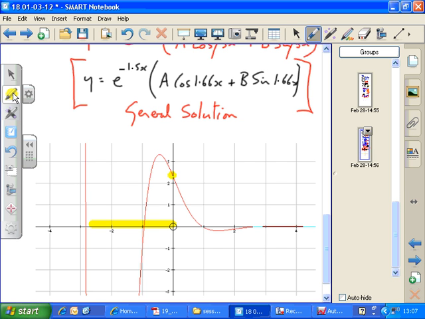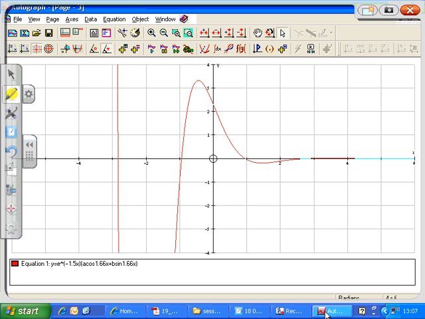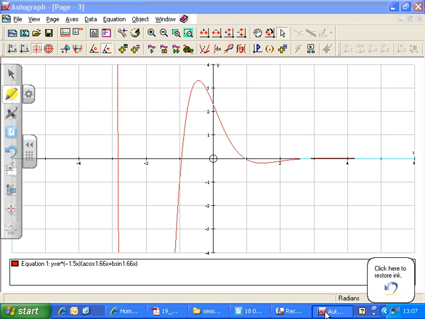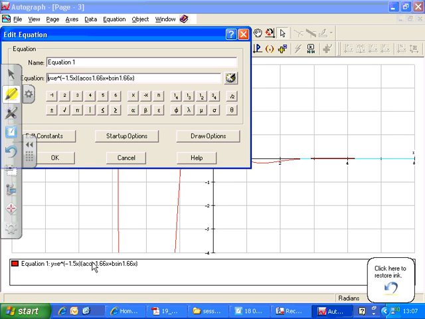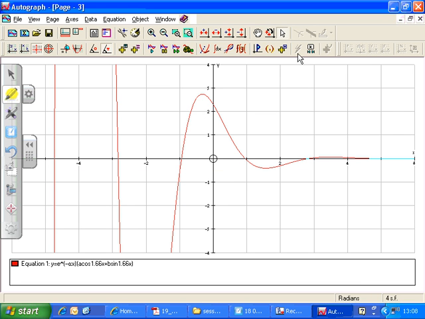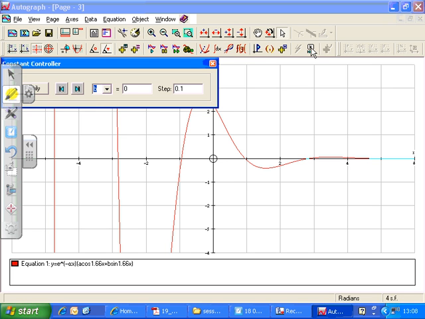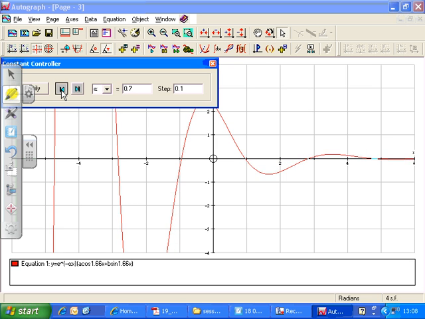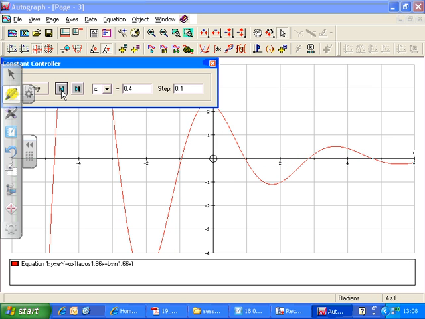Okay? And if we look back at Autograph that was plotting this, if I were to change the value of the 1.5 in the solution, close this, change the value of this in here, and call this alpha, which is the real part, then if I change the value of alpha, remember that's part of our solution, we see that that determines how much oscillation you get before it dies away.